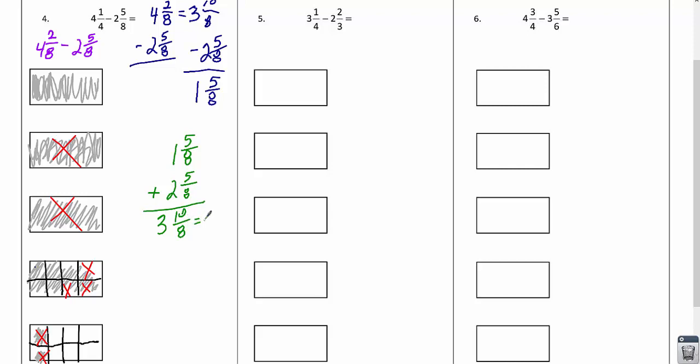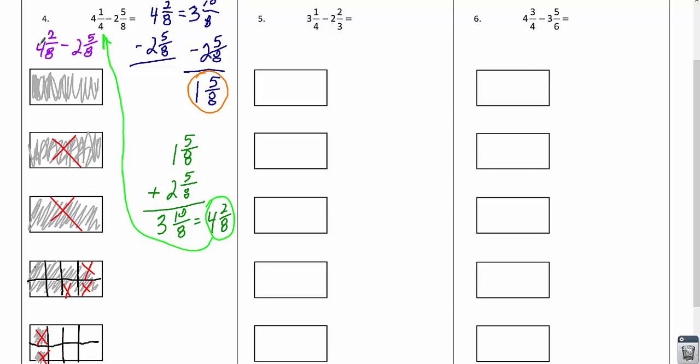And that is equal to, we said before, the 4 and 2/8, which was equal to the 4 and 1/4. So we can feel confident about this answer, because when we look at this answer, it matches what we started with, 4 and 1/4, which we said was 4 and 2/8.